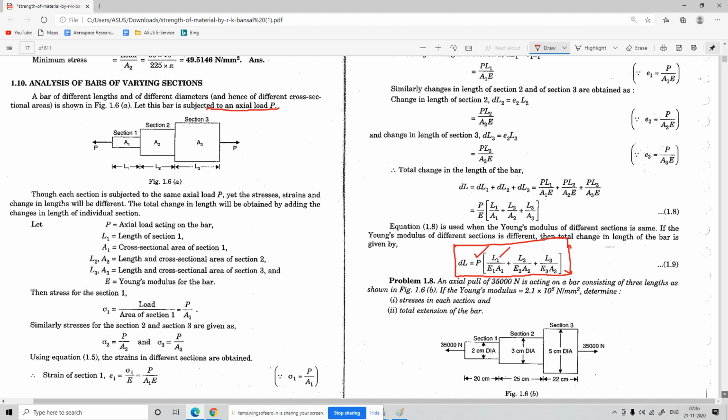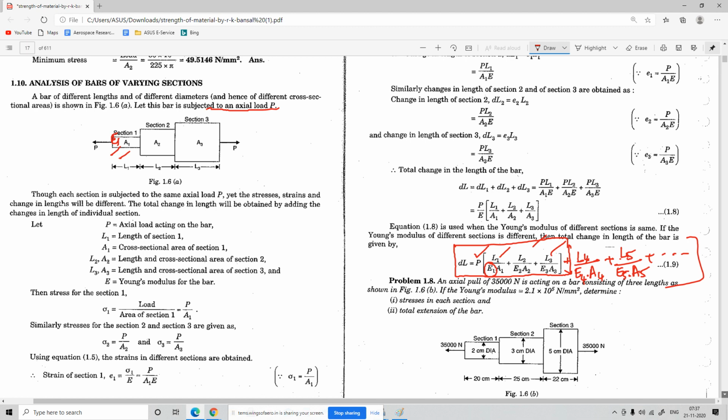If there is a change in material also, this will be E1 corresponding to section 1, with its corresponding length and cross-sectional area. Similarly for section 2, section 3, and if you have additional sections you keep adding terms, like L4 by E4 A4, plus L5 by E5 A5, and so on.